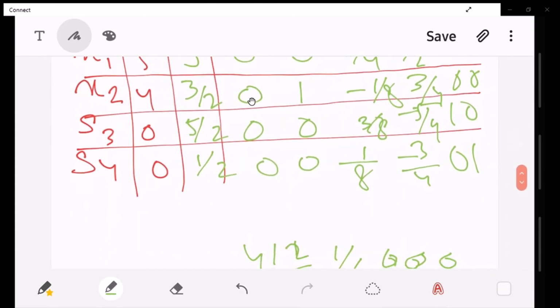So here again we shall find del z value.